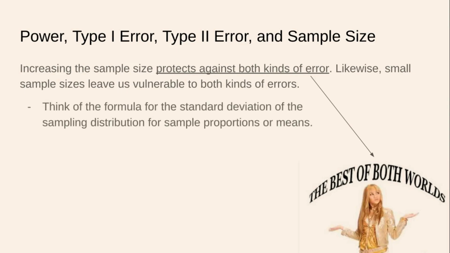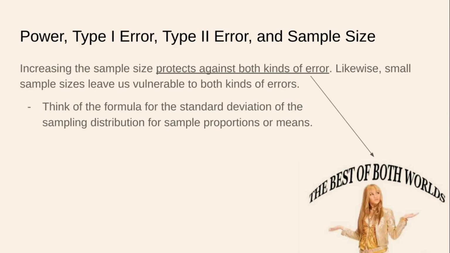Think of the formula for the standard deviation for the sampling distribution for sample proportions or means. And yes, we're going back for that one. If we have a large sample, that means that n, which is in a denominator, is going to make the standard deviation or standard error small. But if we have a small sample, that's going to make the standard deviation or standard error large, because again, n is in a denominator.